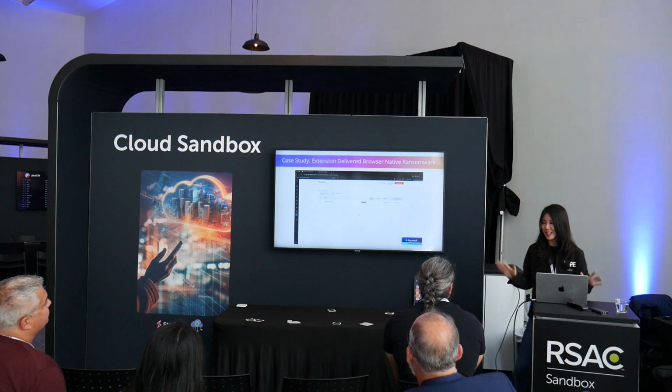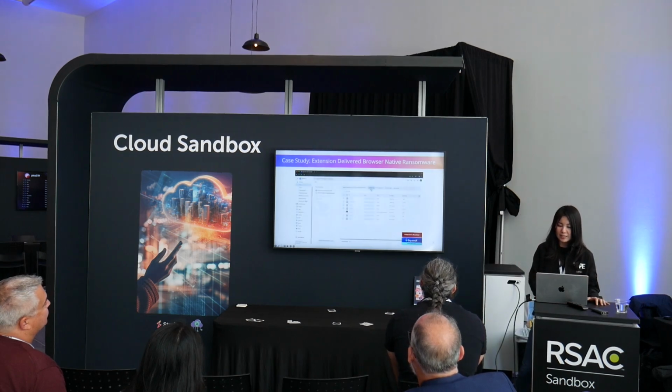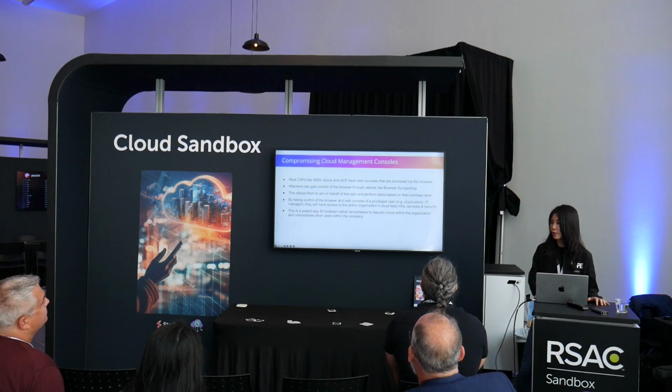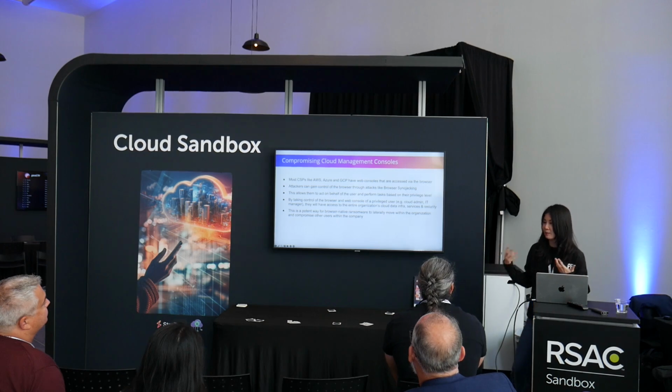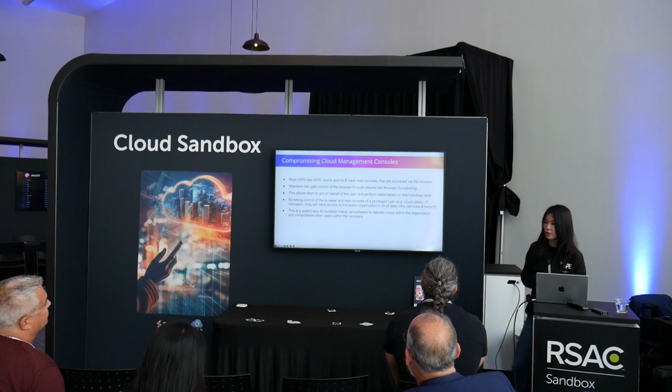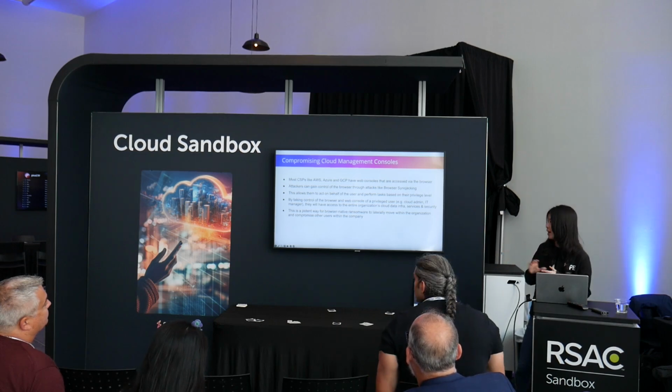So I think you guys are starting to get the gist here. Regardless of what identity attack you used in the beginning, there are a lot of things you can do with browser native ransomware. And given that we're in the cloud village, let's take a look at how this can be exploited. Most cloud service providers like AWS, Azure, and GCP have web consoles which you control a lot of things on.